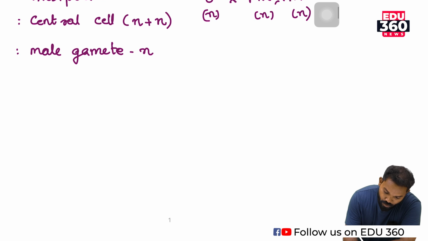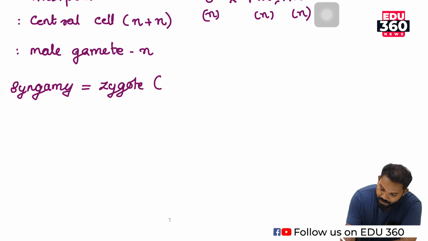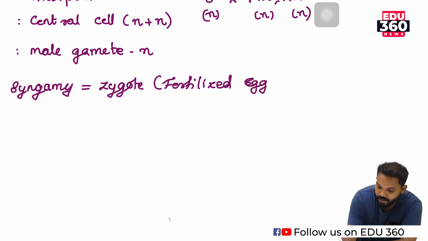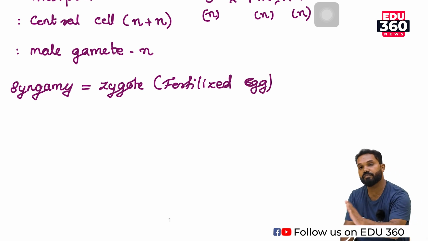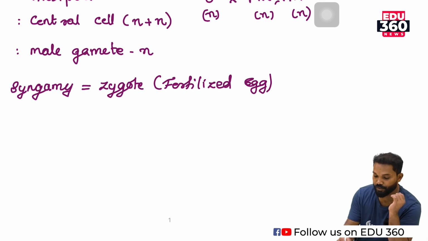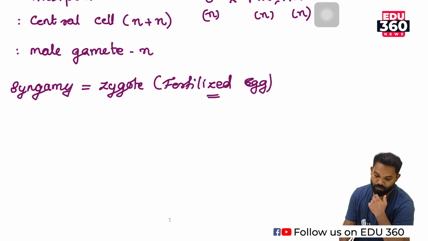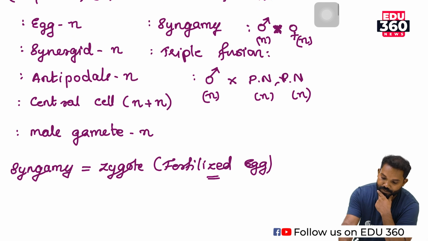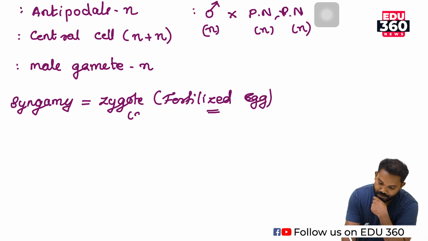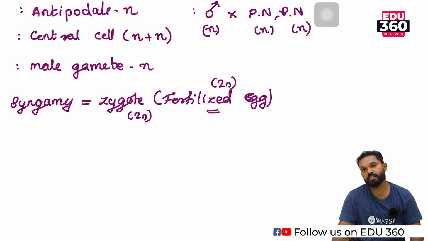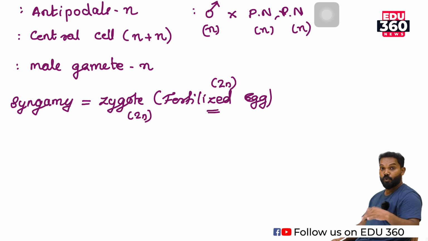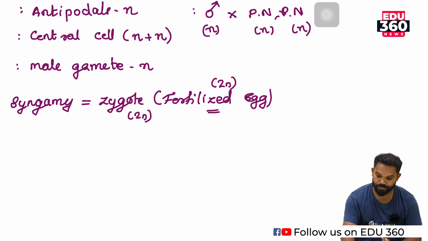So the product of syngamy is actually the zygote. It is known as the fertilized egg because it is an egg cell which is converted after fertilization. Before fertilization, these two cells are haploid, but after fertilization, the zygote is diploid in nature. That means the egg cell changes its ploidy into the diploid condition.